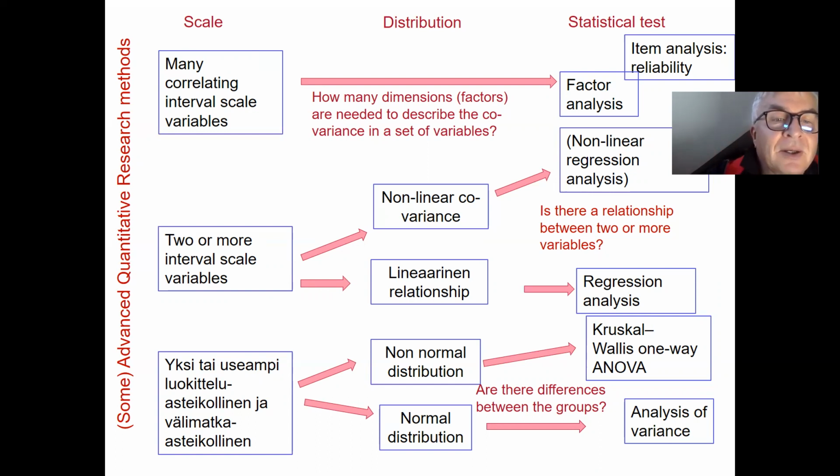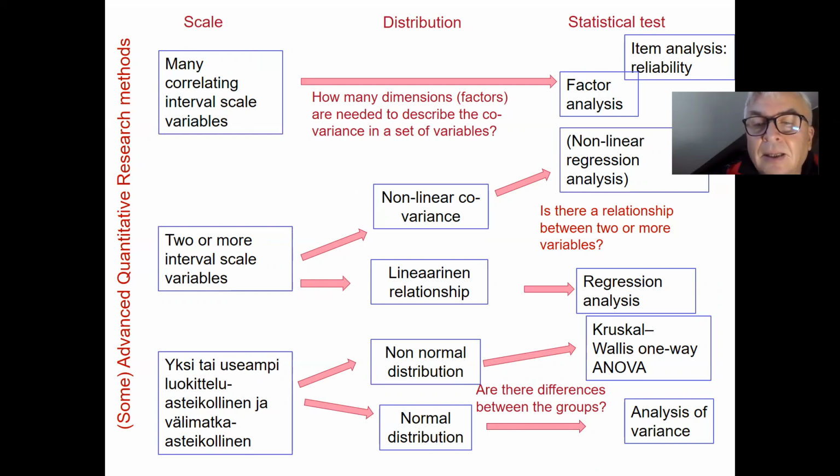Okay, so one or more nominal scale variables and one explained variable that is continuous. And then we have either the normal or the non-normal distribution again.